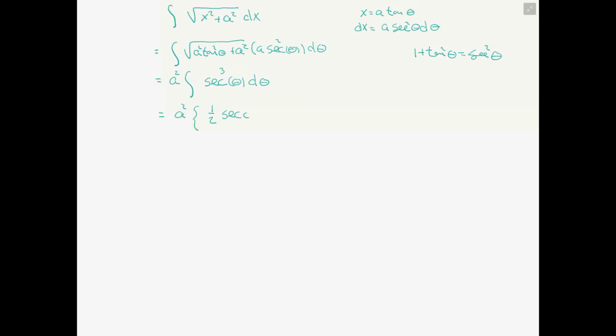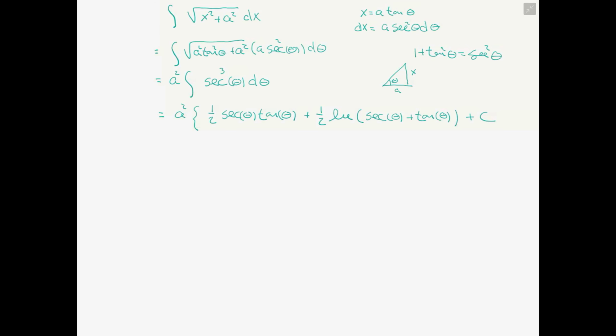So we have 1/2 secant theta tangent theta plus 1/2 natural log of secant theta plus tangent theta plus c.